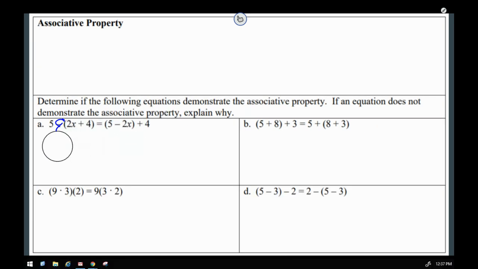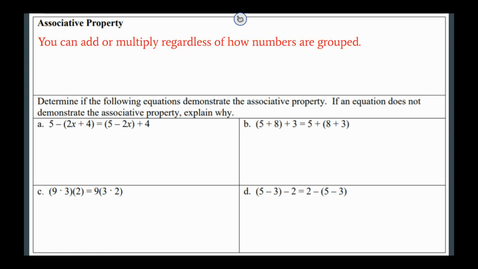Alright, associative property. Associative property means you can add or multiply regardless of how numbers are grouped.